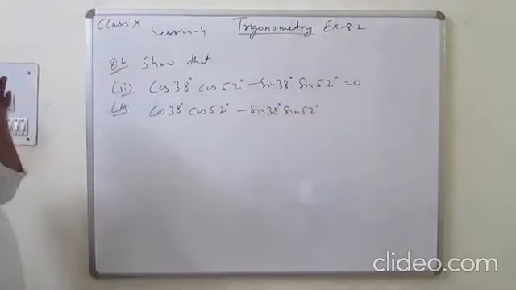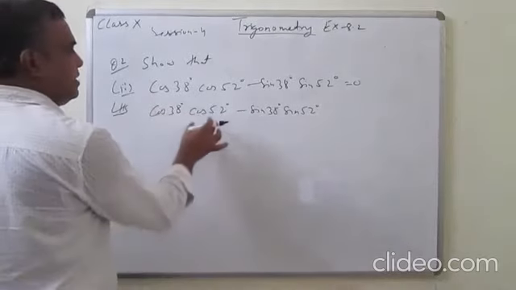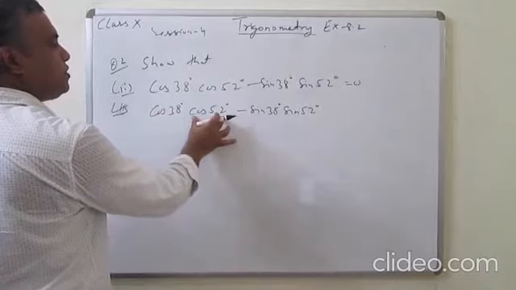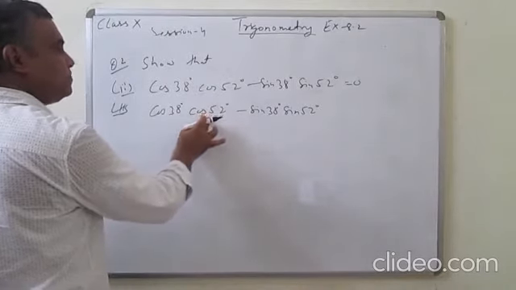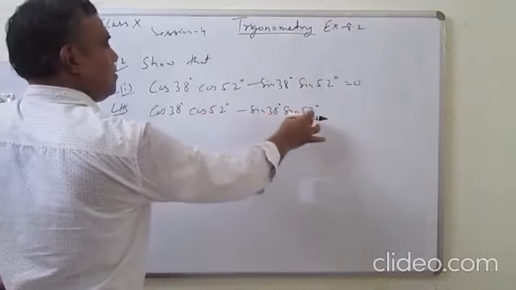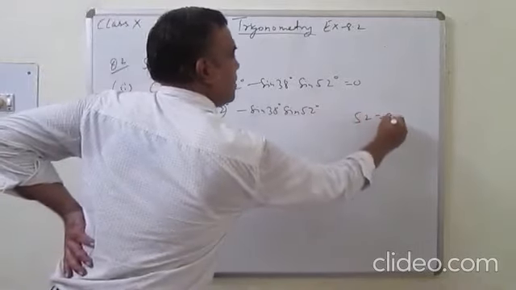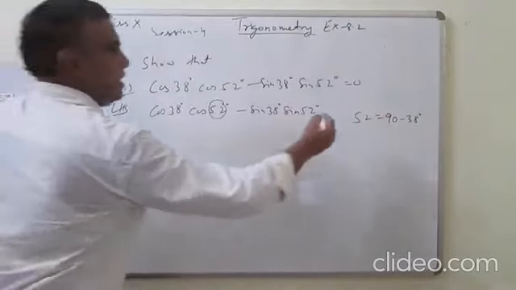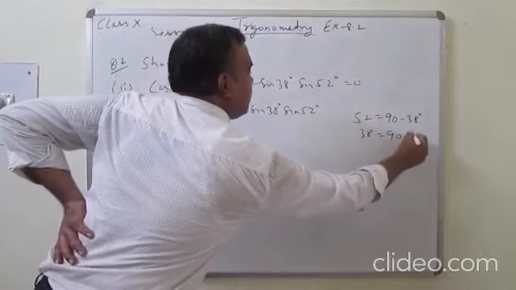Now see here, you have to change the angles. 52 you change in terms of 90: 90 minus 52 gives sin. Change any one, so I will change 52 here. Instead of 52 you can write 90 minus 38, and instead of 38 you can write 90 minus 52.